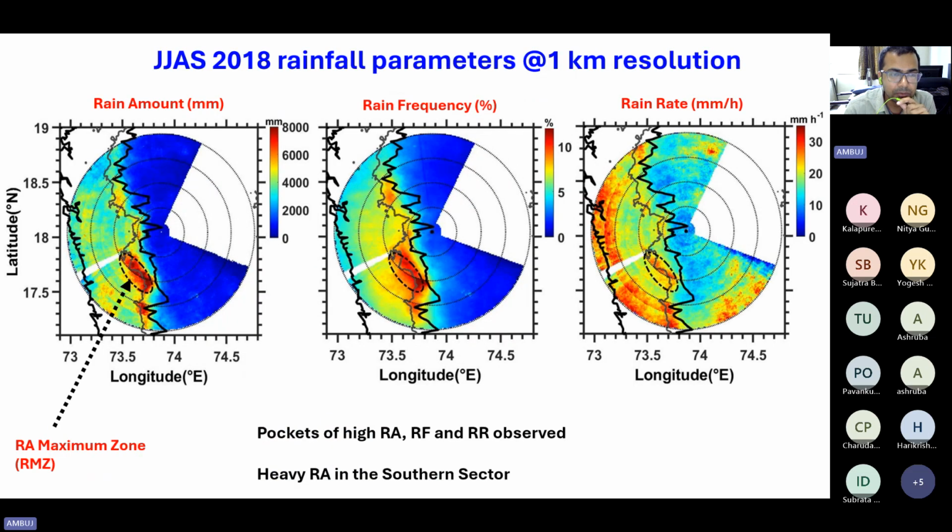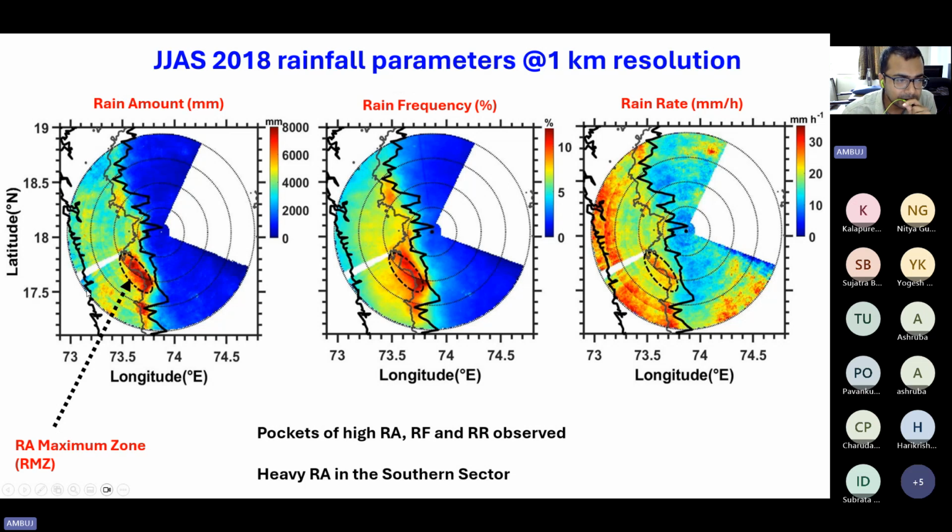I have already shown earlier the TRMM radar based rainfall climatology. Now to understand the finer details of the rainfall distribution, we obtained the rainfall parameters using radar data. First is rain amount, second is rain frequency, and the third is rain rate. We see here various curves.